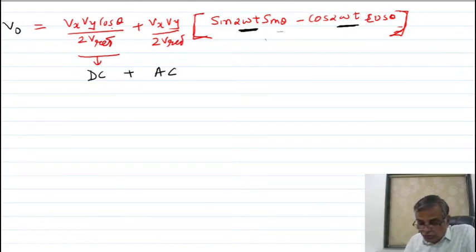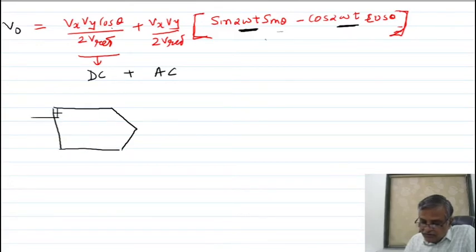So if you want to get the perfect frequency doubler, then I keep the input frequency the same for the two input signals.